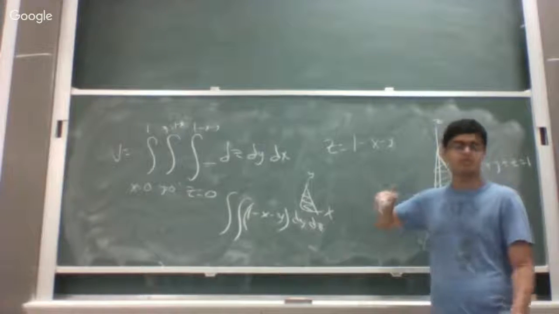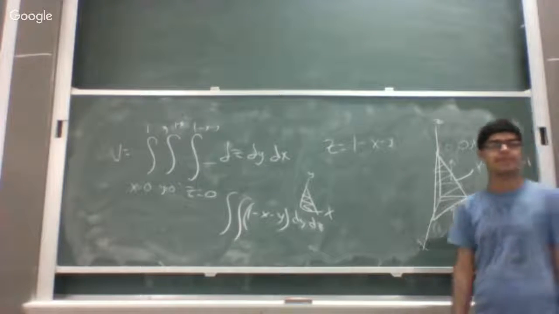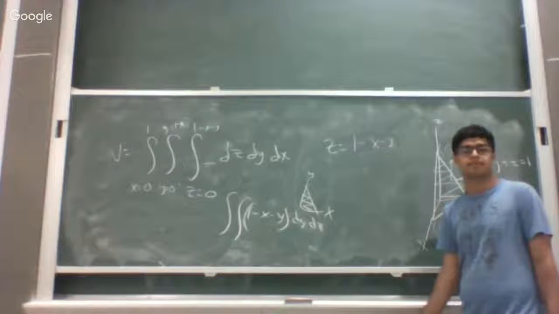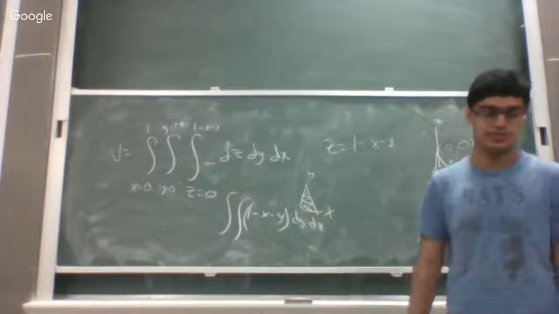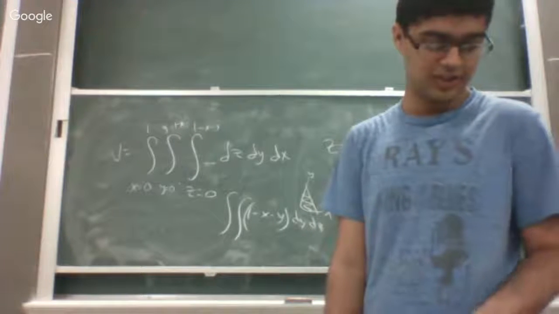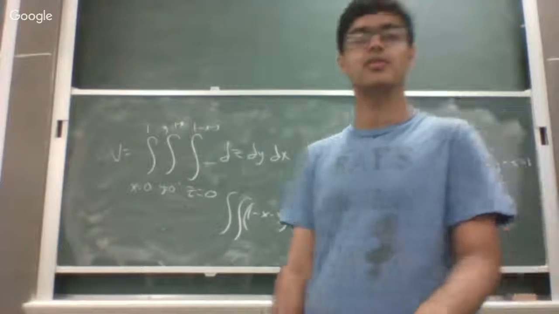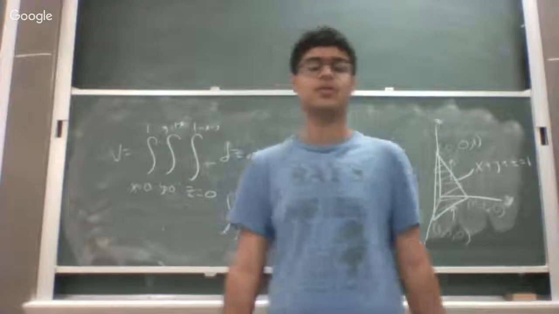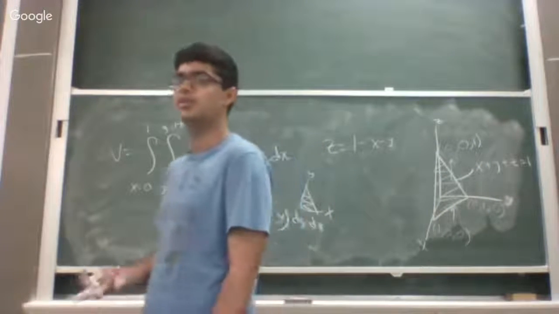If we do it differently, so if we do dy, dz, dx, would we get the same answer? Yeah. They're going to ask you to do multiple ways. Like for this, they say dx, dy, dz, and then rewrite it with dz, dy, dx, or whichever way. Because in class you found all 6 ways, right?